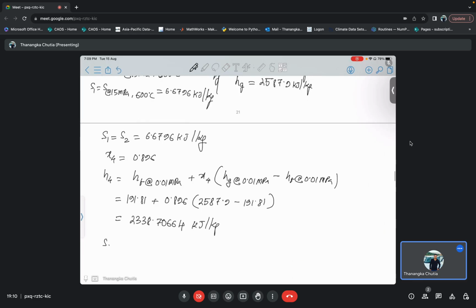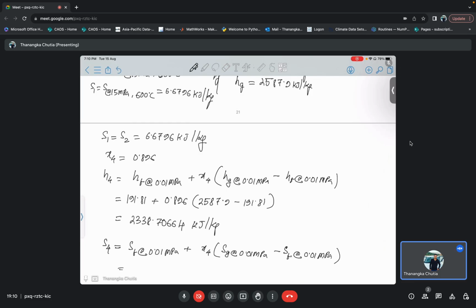Similarly, I know S4. S4 is Sf at 0.01 megapascal plus X4 times Sg at 0.01 megapascal minus Sf at 0.01 megapascal.